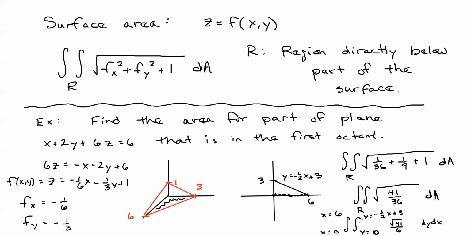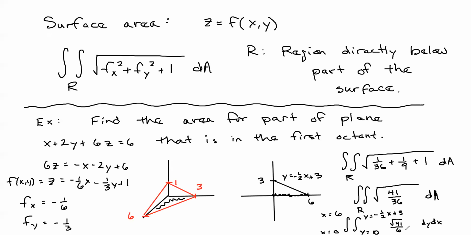All right, so to evaluate the integral, let's just go to the next page so that we're not all scrunched. So we have 0 to 6, 0 to negative 1/2 x plus 3, and then root 41 over 6, dy dx.